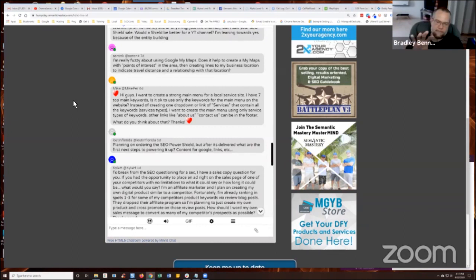So you would have literally 5 different My Maps in this example. Each one would have its own, and then you can have one My Map that has all of them together. But for the individual posts that are optimized for one particular location, you would just have that My Map on there.